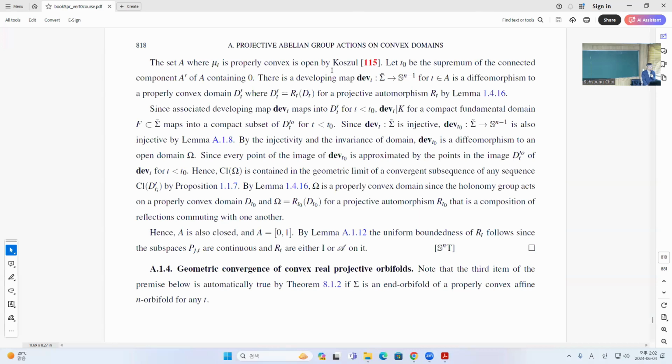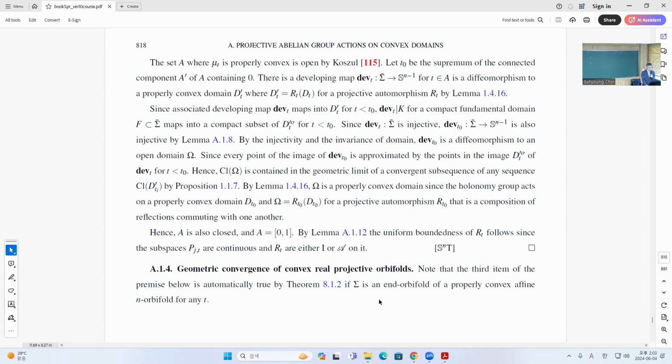Then the set where it's properly convex is open by the causal, and then you do the limit argument here. So these things always will converge into some compact subset as you change, and then this has to be the limit of these things. Okay, so that's the theorem.